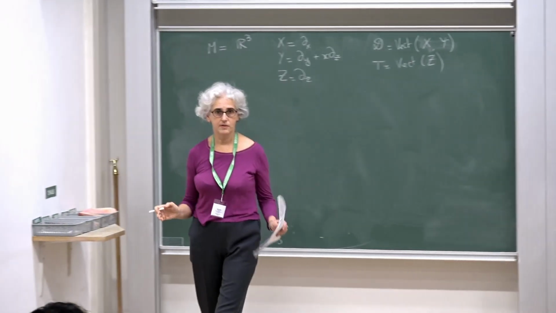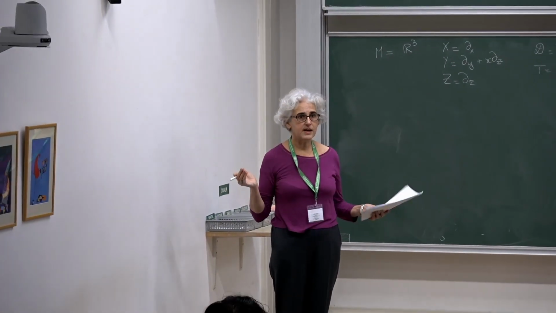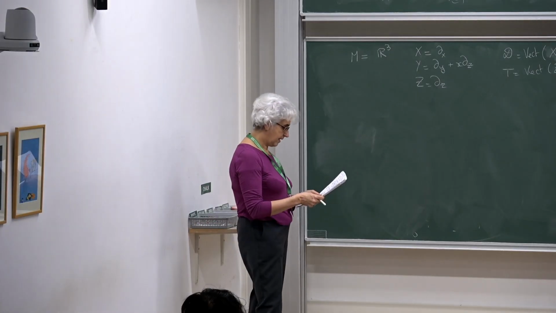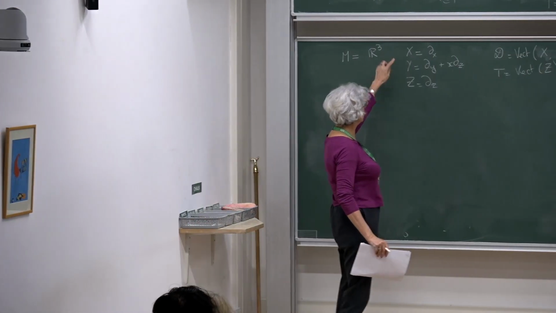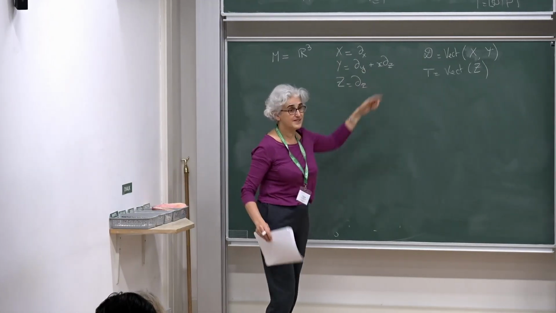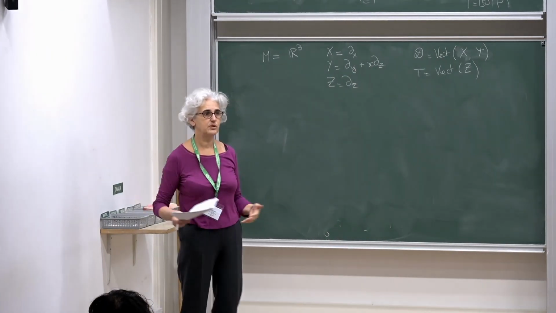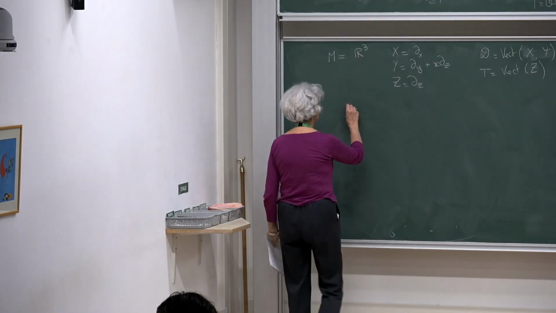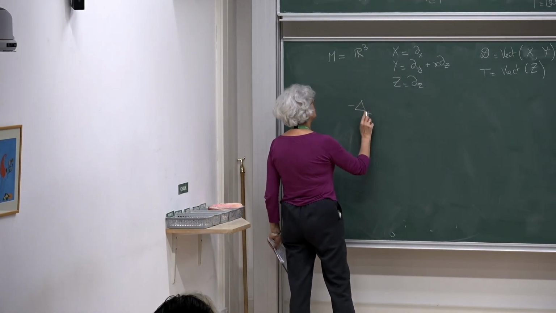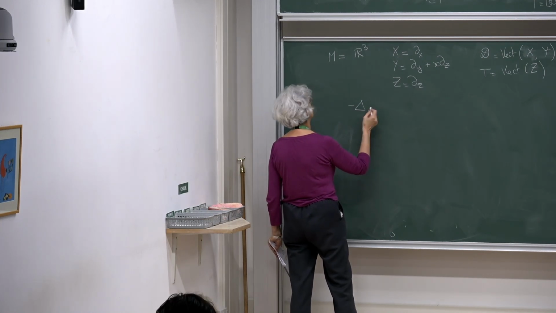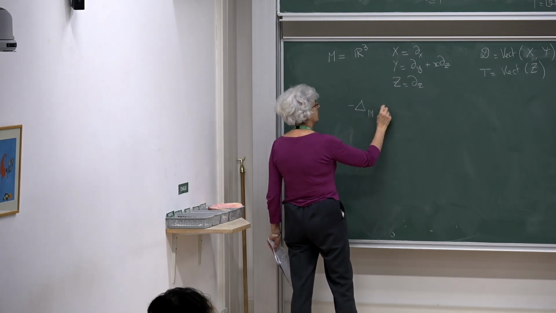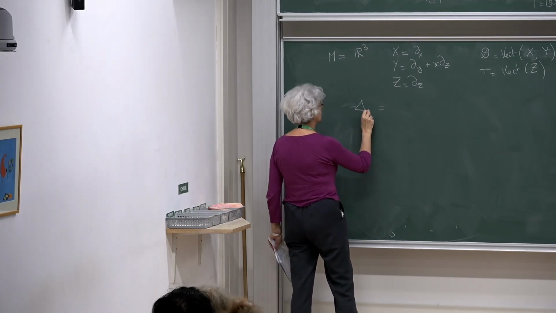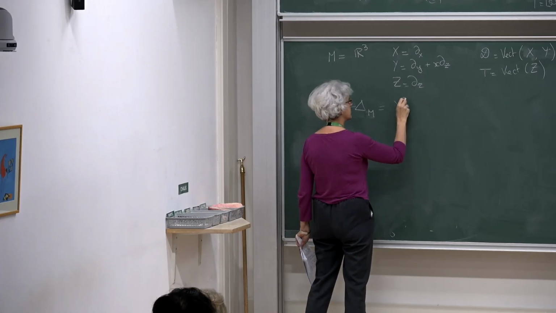Okay. One can ask, why are we interested in filtered manifolds if we do PDEs? One reason is that I have written my vector fields with dx, dy, dz as a basis, so they are first order operators. You may want to analyze the sub-Laplacian, minus delta, which is almost a Laplacian, but I take just X squared plus Y squared.